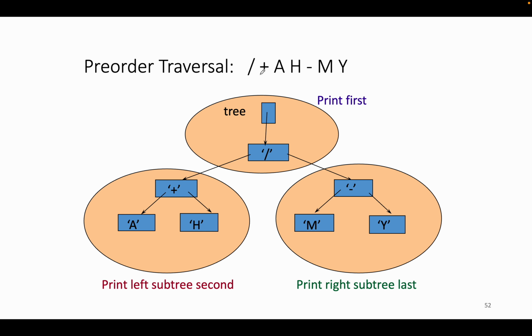So for pre-order, we're going to start from the root, right? Root, left, right, then root, left, right. So plus and minus and so on. Root, left, right.